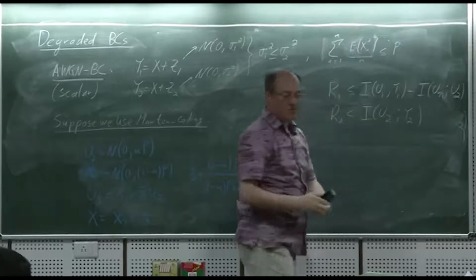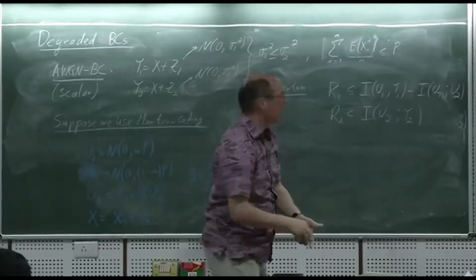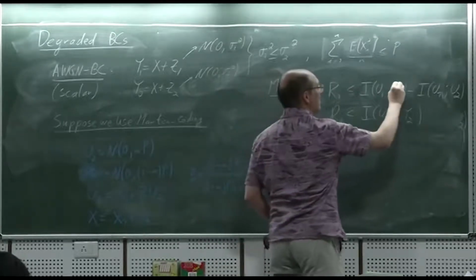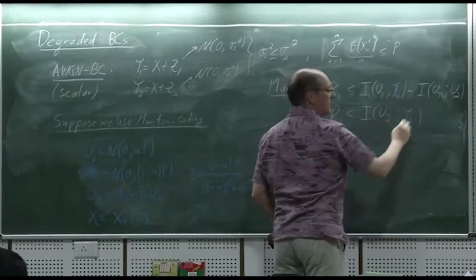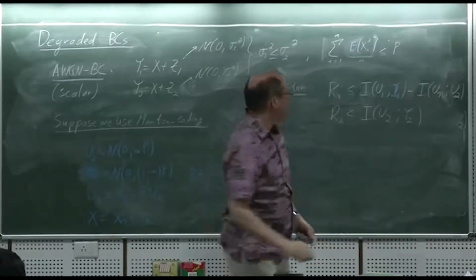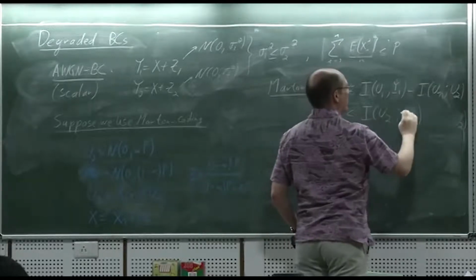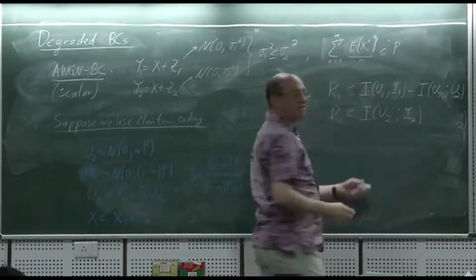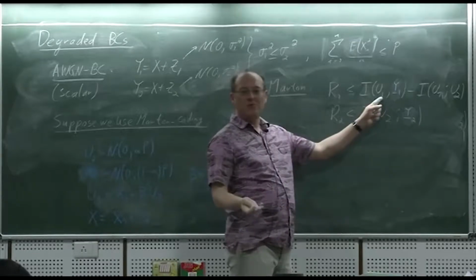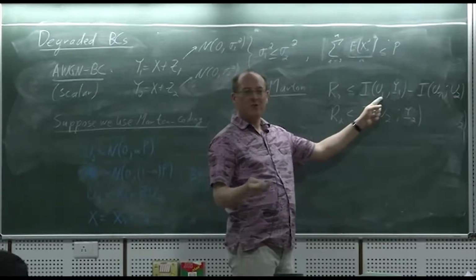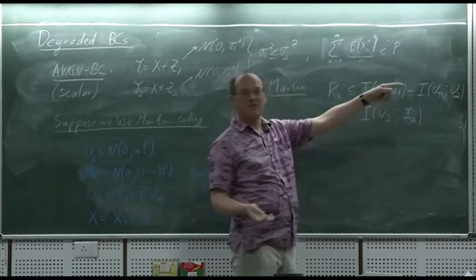And now, of course, these are all vectors, right? So Y is a vector, Y1, Y2. And it's natural to expect we should choose the U's to be vectors. In fact, the U vectors will have the same dimensions as x.